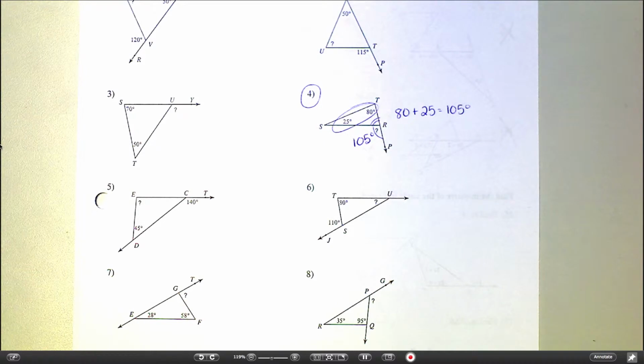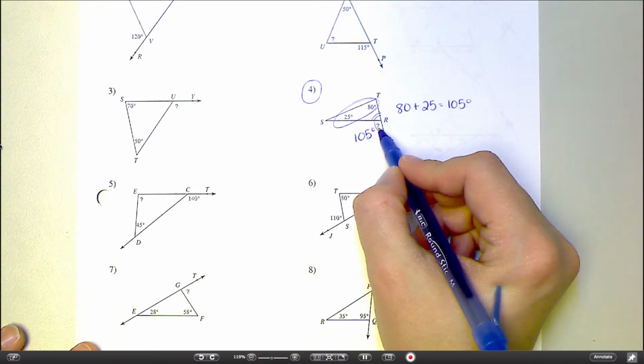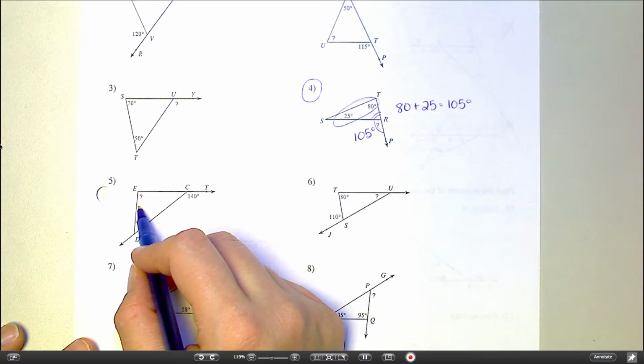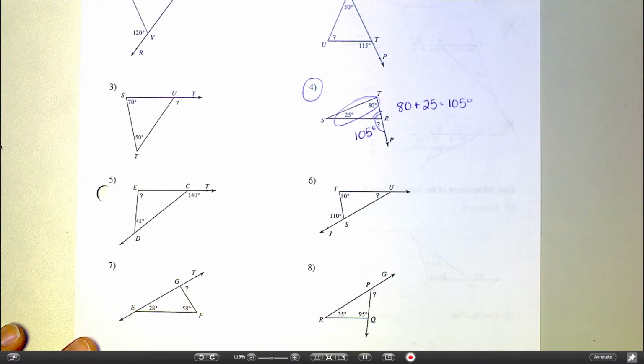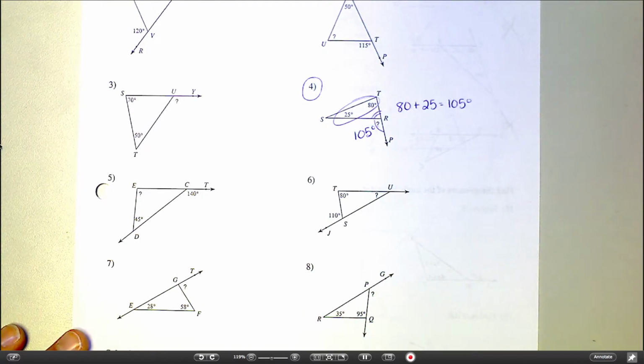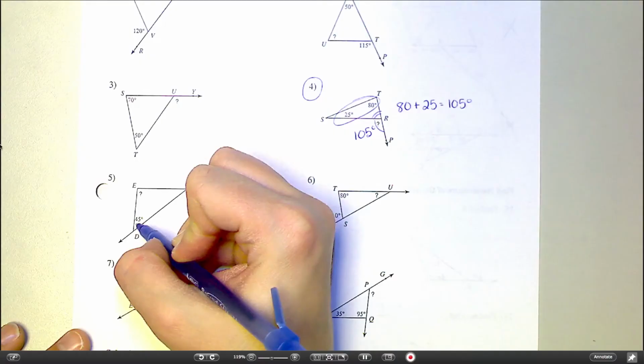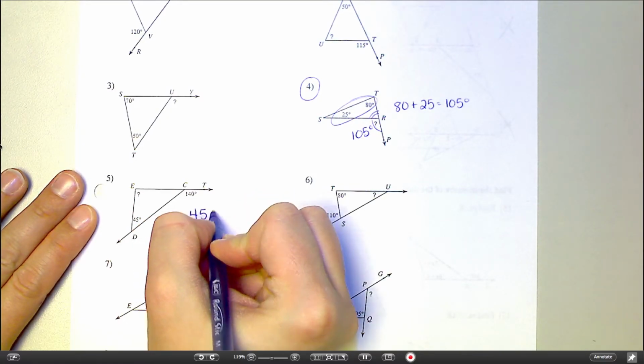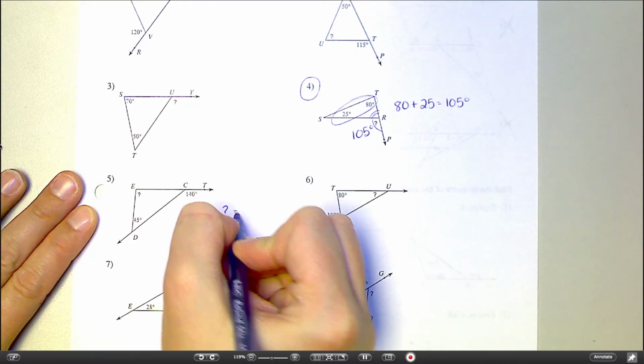Let's do number 5. I'm going to use the same idea here, except this time I'm not looking for the angle on the outside. This time I know the angle on the outside. I'm looking for the angle in here. Darian? 140 minus 45. Right. And you get that inside. Because what you're really saying is 45 plus question mark has to equal 140.